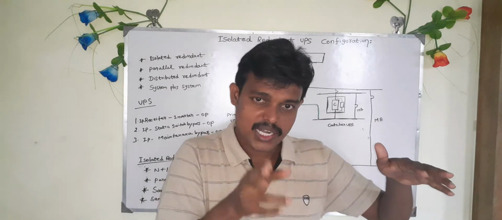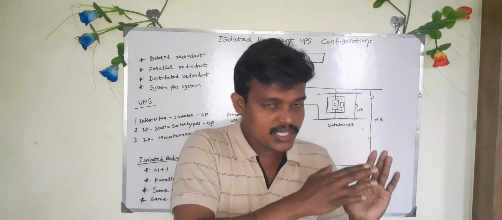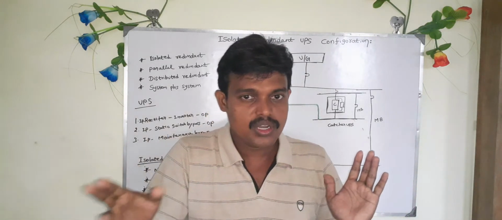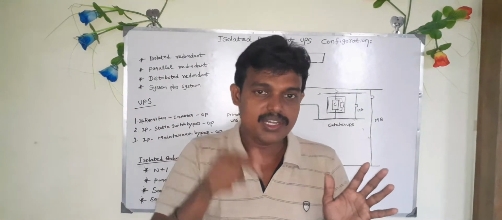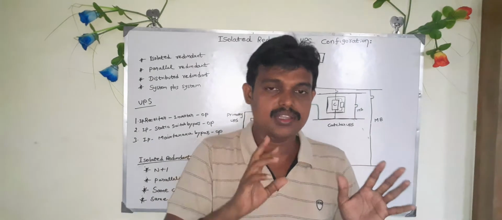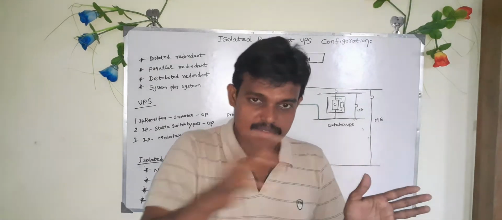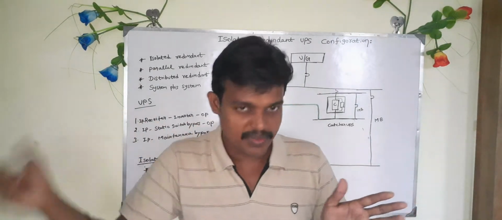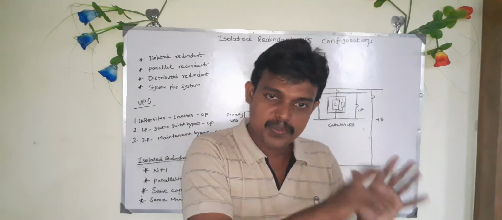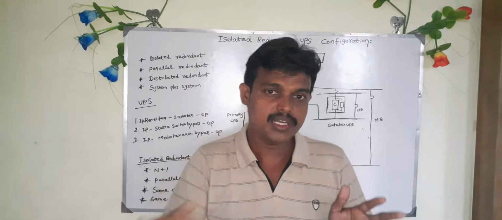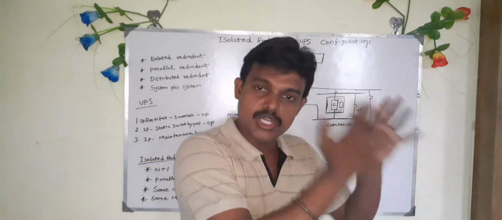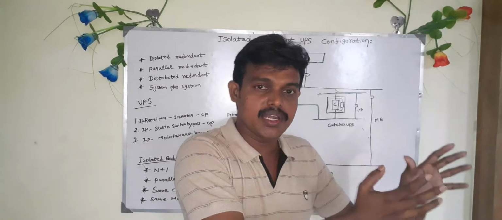Sending the power to the double conversion mode and sending it to the static bypass are different. If you send the power through double conversion mode, you get uninterrupted power supply. If you send the power through static bypass mode, you will not get uninterrupted power supply; it is completely raw power. Whatever voltage you get from your utility, the equipment gets the same voltage.